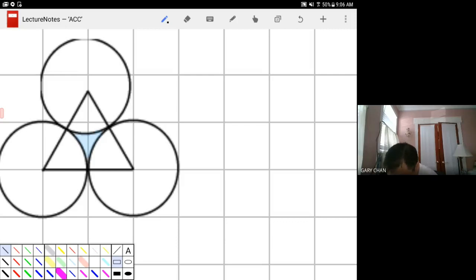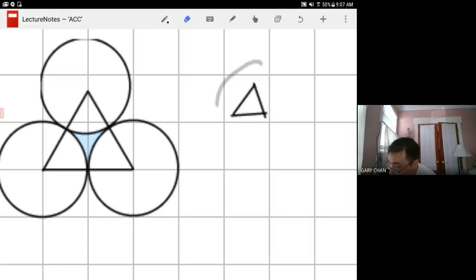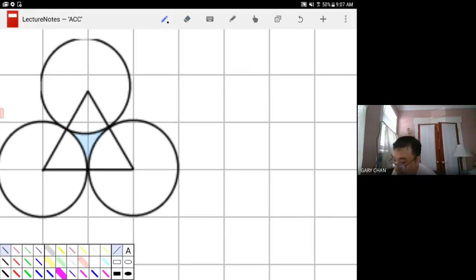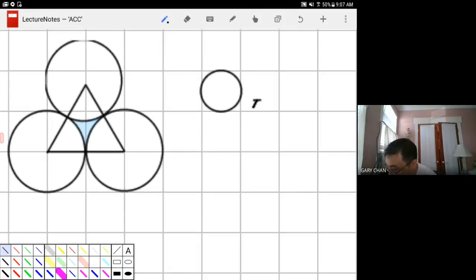Finding the area of a triangle is 1/2 base times height. The only time we deal with a shape that doesn't have any straight lines is a circle, and the formula for the area of a circle, as we've talked about in the past, is pi r squared. This is going to come in handy in the process of solving for this area.